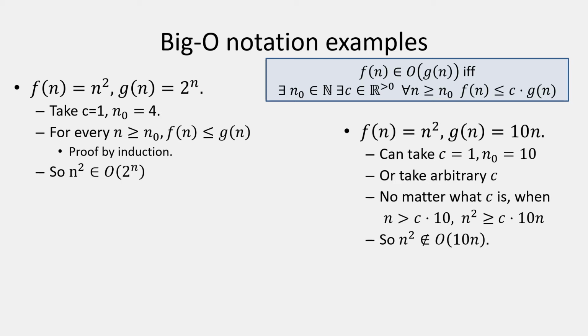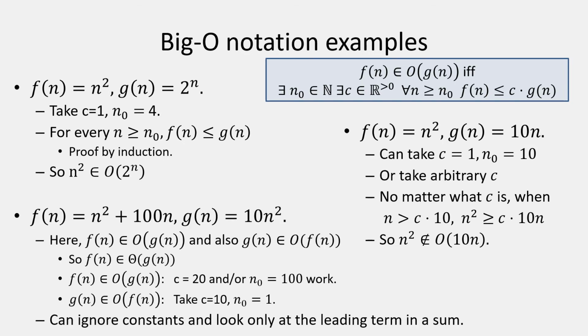By the way, you probably noticed that here, rather than calling the functions f and g, when I'm doing the big O notation, I'm just writing n squared and 10n for the names of the functions. So let's try something else. Now let f be n squared plus 100n, and let g be 10 times n squared.